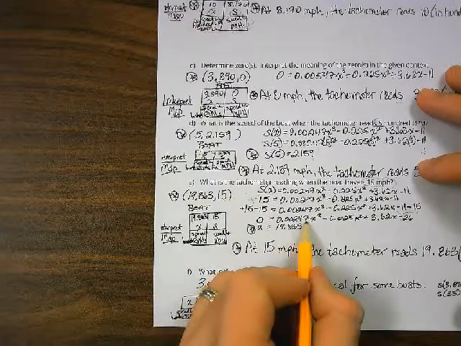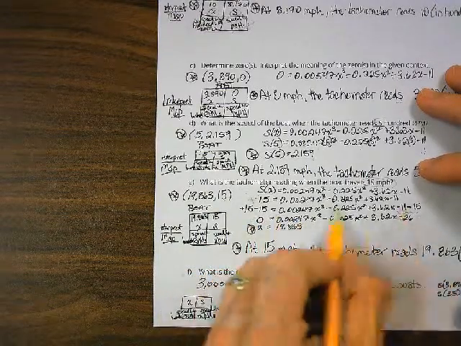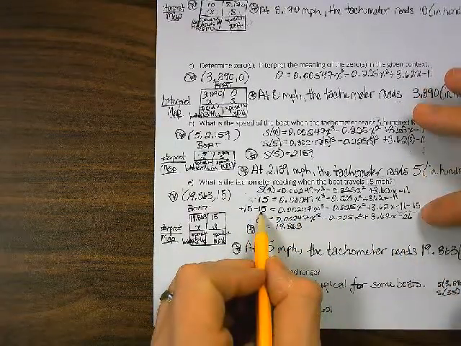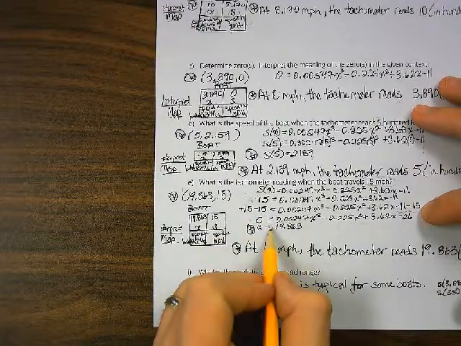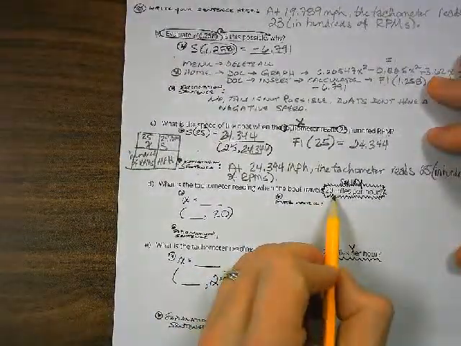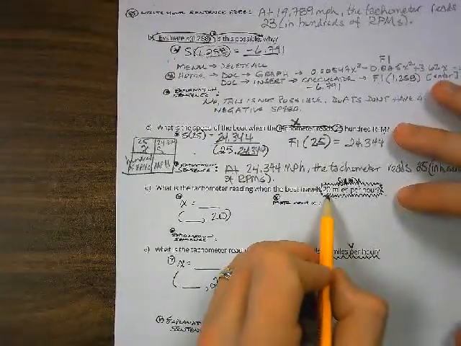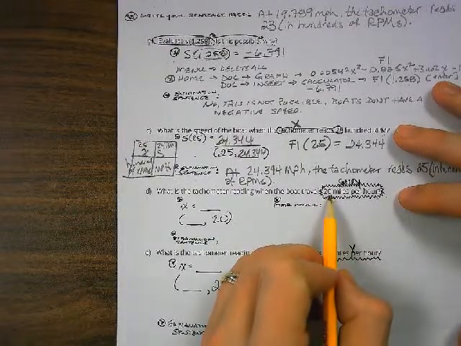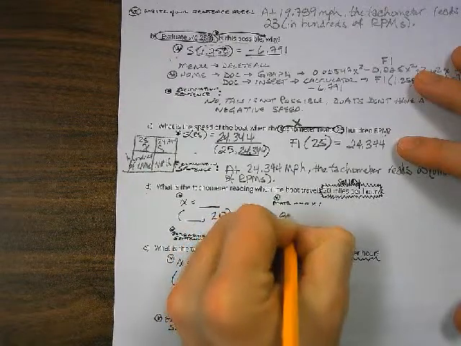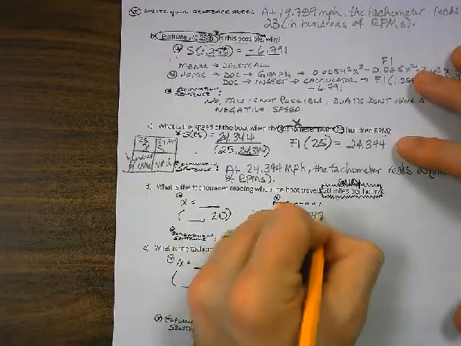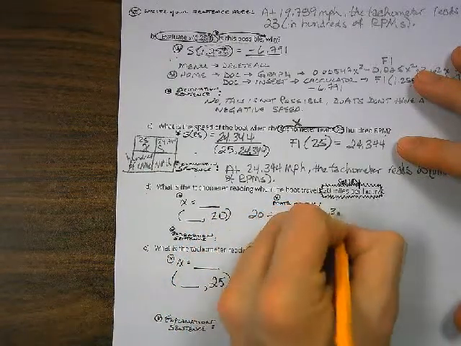Okay, so now we need to find the zeros. We're going to do the same thing on this side. Instead of it being 15 miles an hour, we're going to substitute in 20 miles an hour. Okay, so you've got 20 equals 0.00547 x cubed, and then minus 0.225x squared, and then plus 3.62x minus 11.